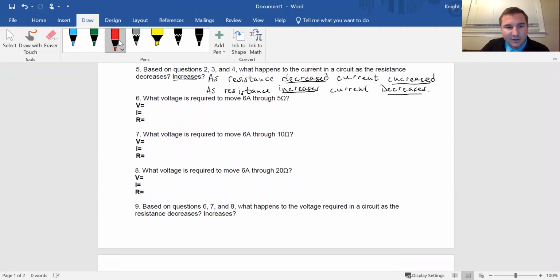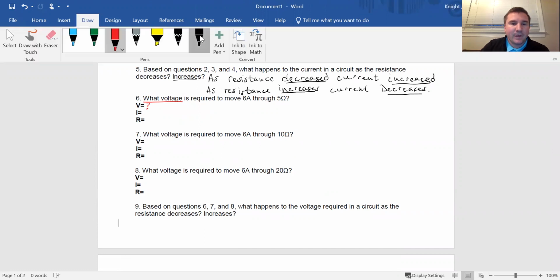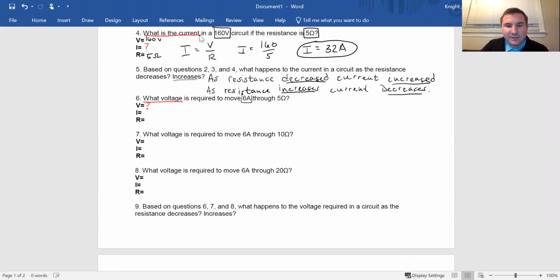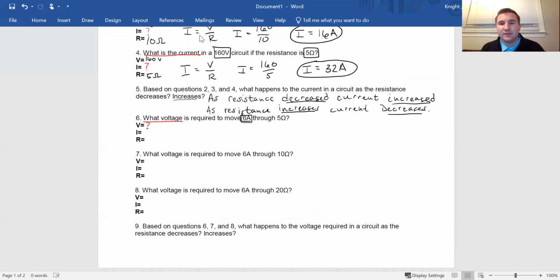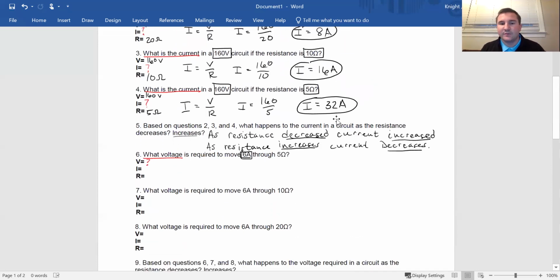We get our new question here. What voltage is required? So now I'm looking for voltage. My question is V, 6 amps. Amps, A, is current. All right, so that's our current, right? You can see all our answers here were amps because we were looking for current.